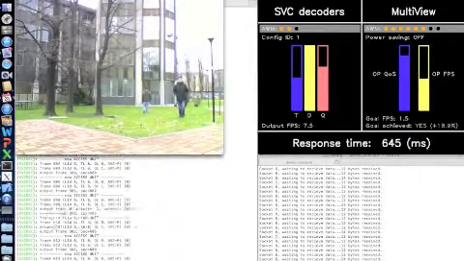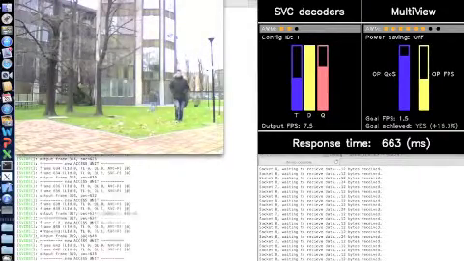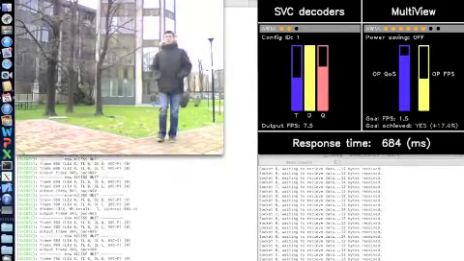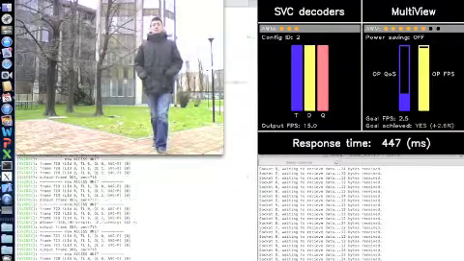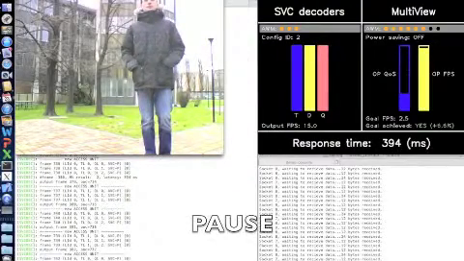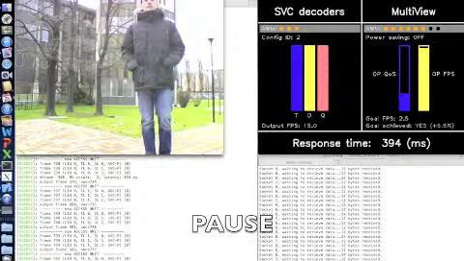When he gets over a distance threshold, then the highest configuration will be triggered. Now, you can see that the SVC decoders are decoding the highest layer, which corresponds to 15 frames per second, while before the frame rate was 7.5, and at the same time the quality of the output video is much better now.